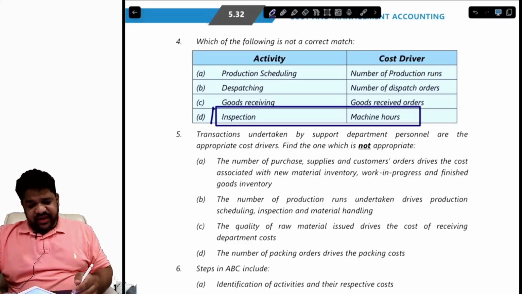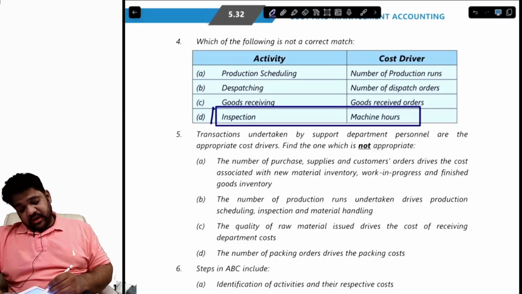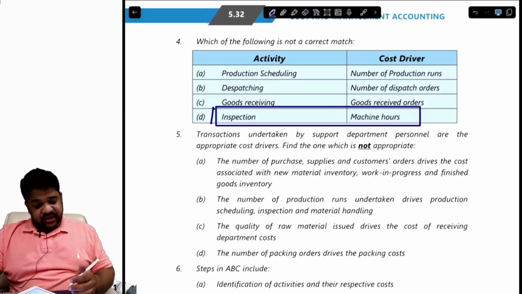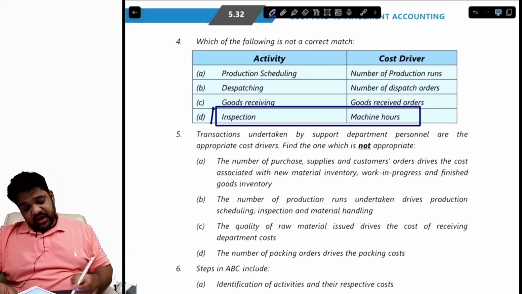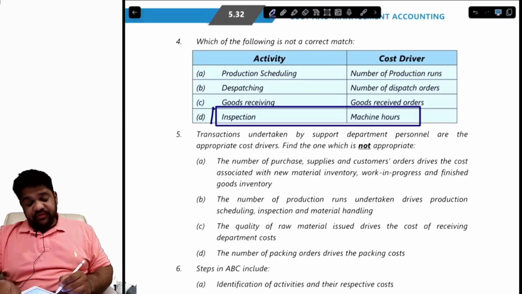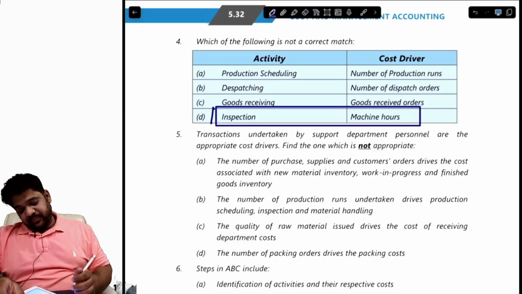I think this fits well. The other one is number of production runs undertaken. Production runs drives production scheduling, inspection, and material handling. Correct.